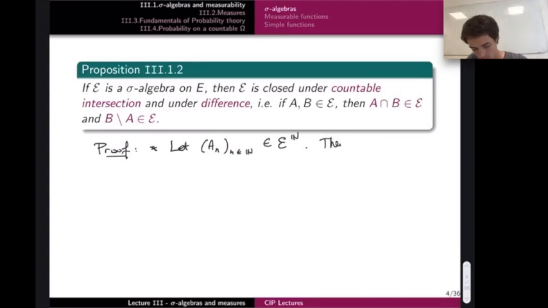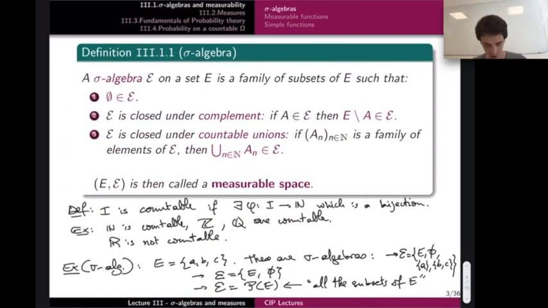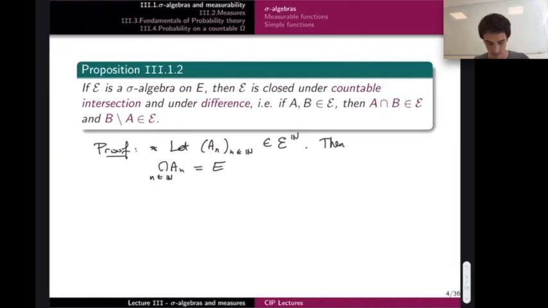Then the intersection of all A_n can be written like that. I will use the complementation, I will use these two properties: complementation, and the fact that countable unions stay within the sigma algebra.